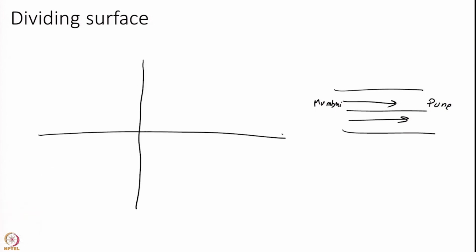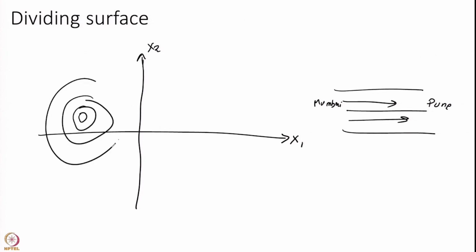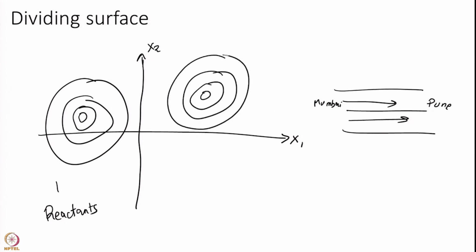So, imagine I have some coordinate space, to start with I am drawing in 2 dimensions only, and let us say here is my reactants, and reactants appear as this in terms of contour plots. Here is my, let us say, some product, in general. So, they are given by some energy surface.